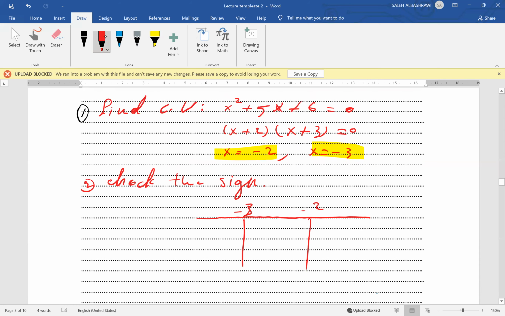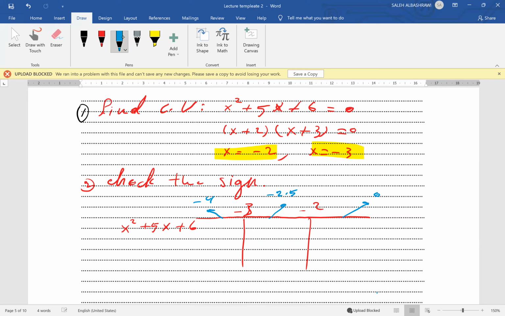My polynomial is x squared plus 5x plus 6. So I have to check or to choose distinct values. I will choose minus 4. That is less than minus 3. And between minus 3 and minus 2 is minus 2.5 or minus 5 over 2. Greater than minus 2, I can choose 0. This will be the distinct values.